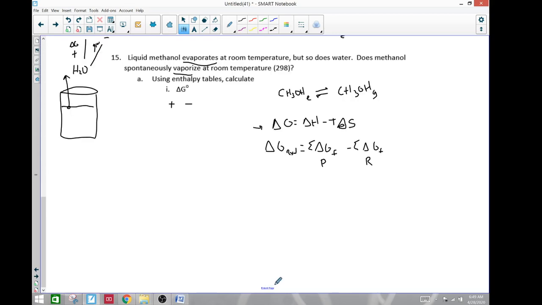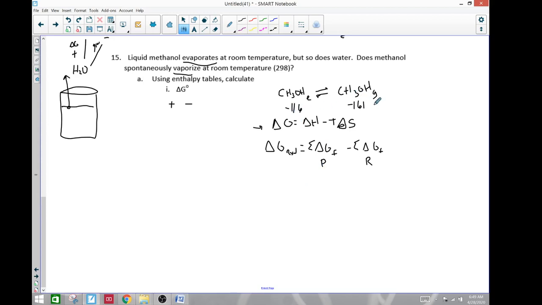Okay, so the methanol liquid is a negative 166, and the methanol gaseous is not a whole lot different, negative 161.